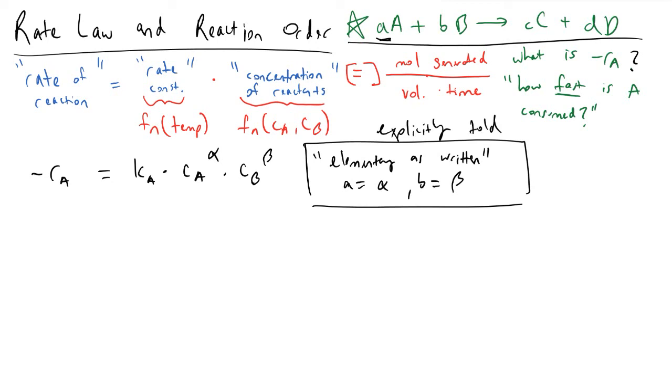You need to be explicitly told this. Otherwise, you know nothing, because we cannot tell you anything about the kinetics, the reaction rate, based on stoichiometry alone. You need someone to go into a lab and empirically determine how fast your reaction occurs based on the change in concentration of one of your reactants.